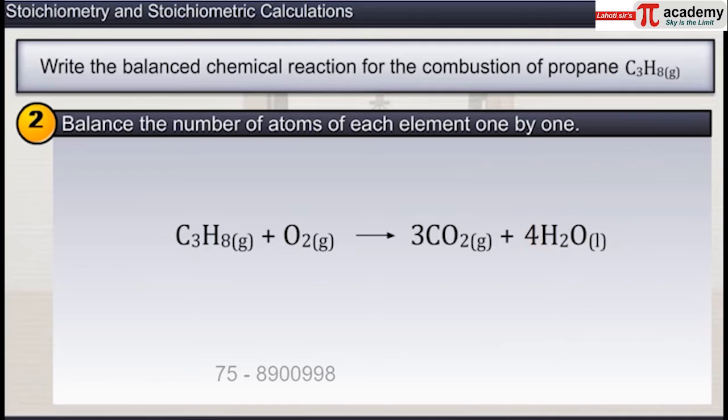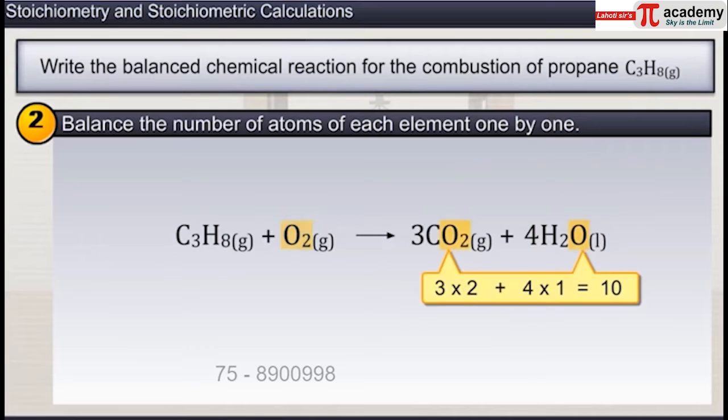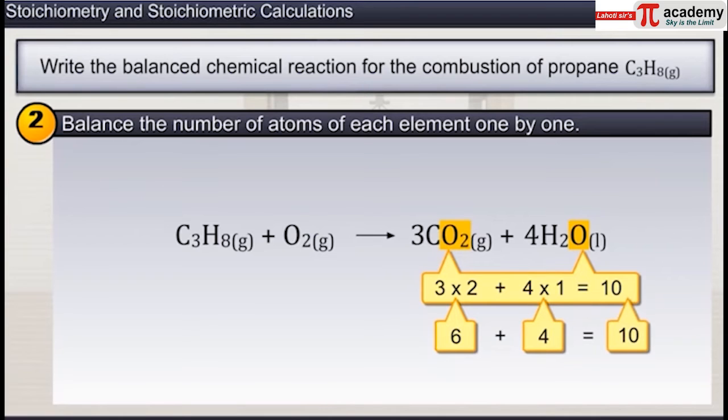Now, let's look at the oxygen atoms. There are 2 oxygen atoms on the left and 10 on the right side. 3 multiplied by 2 oxygen atoms, that is, 6 oxygen atoms in carbon dioxide, and 4 multiplied by 1, that is 4 oxygen atoms in water. 6 plus 4 gives a total of 10 oxygen atoms on the right side.